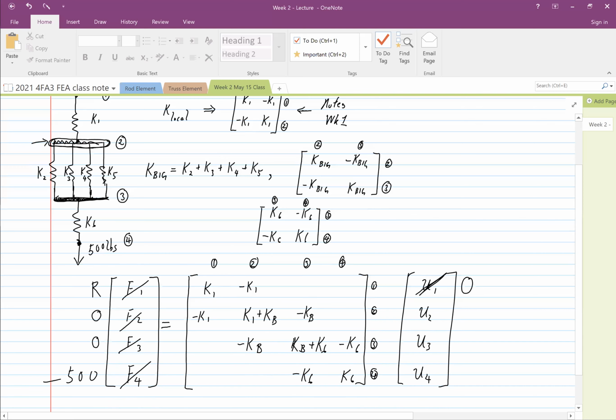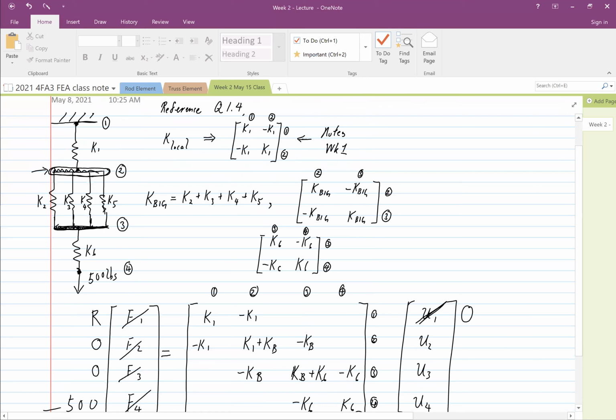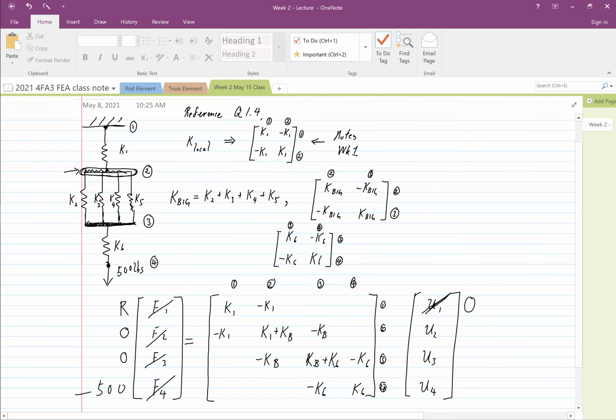So now we have four equations. Can you say that forces 2 and 3 are 0 though? Like there's still force going through nodes 2 and 3. Yes, correct. There is some internal struggle between K1 and K big. There's some internal struggle between them, but do you see any additional externally applied force on it?